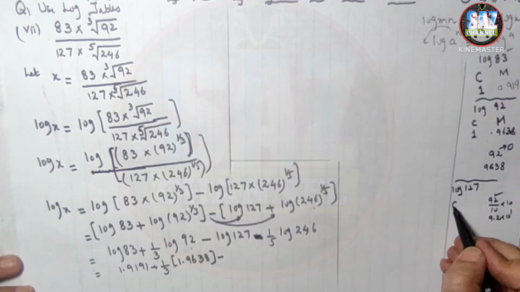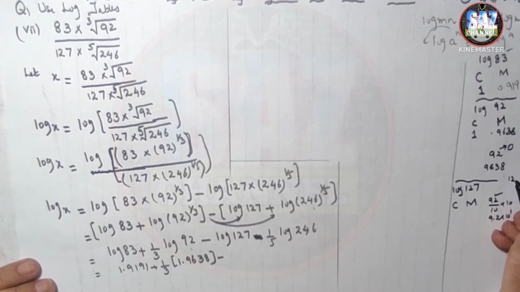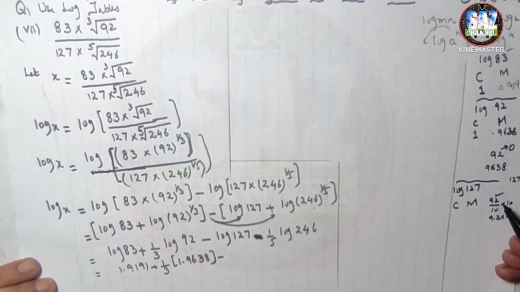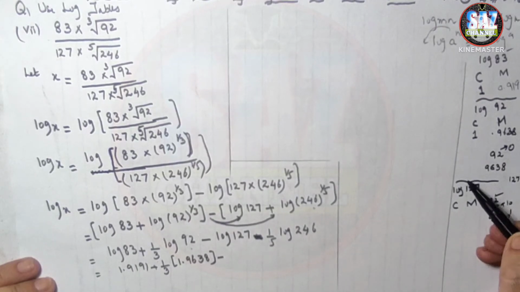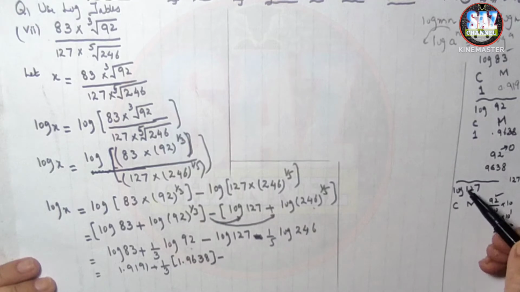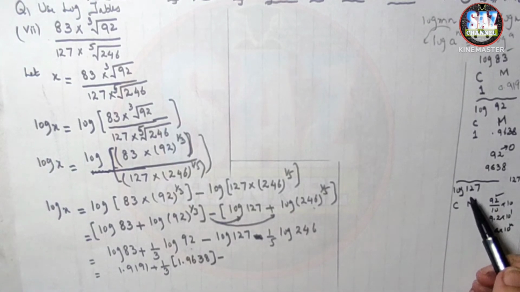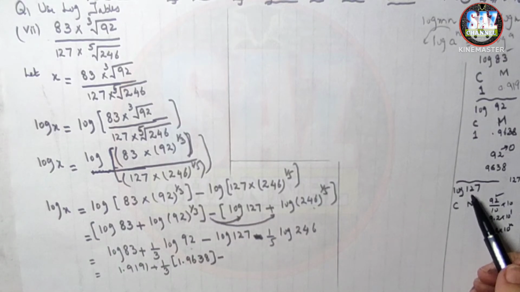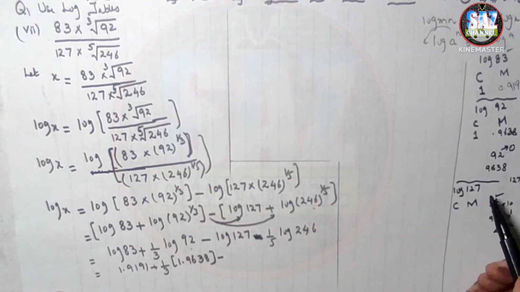Minus, coming to the third number, log of 127. Again I have to find the characteristic and mantissa. For the characteristic, this is a number in hundreds. In scientific notation, the a part must be between 1 and 10, so I bring the decimal between 1 and 2, which is 2 left moves. The simple way is that the characteristic of a number more than 1 is 1 less than the number of digits in the integral part.